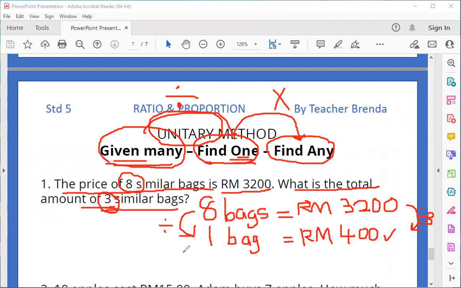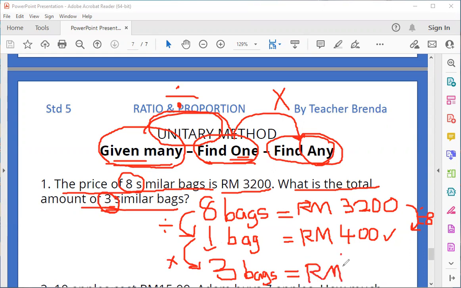Now you can find 3 bags. That's your any. If they give you 5 bags or 7 bags or 100 bags, it's not a problem because you already have your one. So now you count 3 bags. From one bag, you're going to find 3 bags. And that's where you use multiplication. So what is 400 times 3?